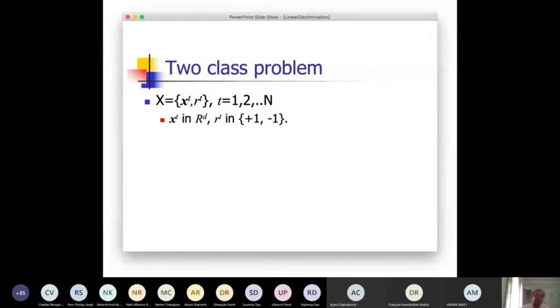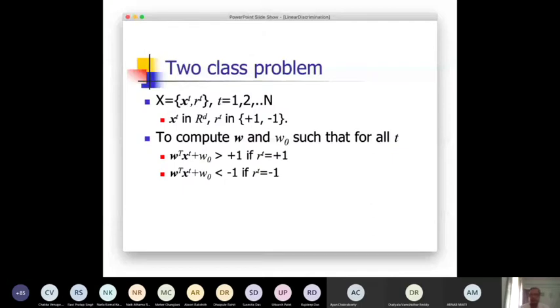The feature vector is an element of a d-dimensional real space, and the label could be either +1 or -1. Now you have two scenarios that we are considering. We are modifying the policy of the linear discriminant function. Earlier, the policy was that if I simply compute the linear function, then if it is positive, it belongs to +1, and if it is negative, it belongs to -1.